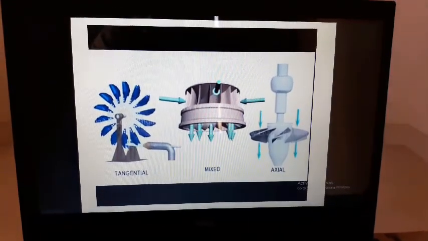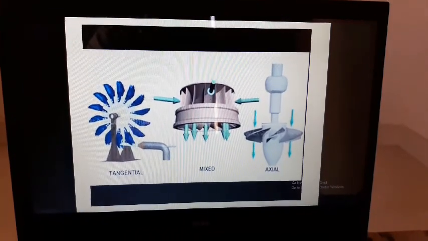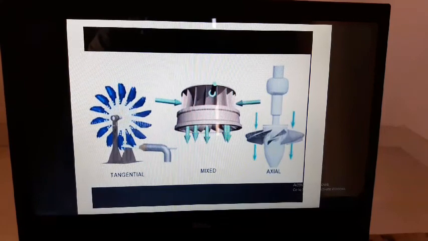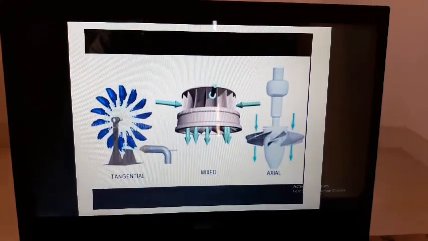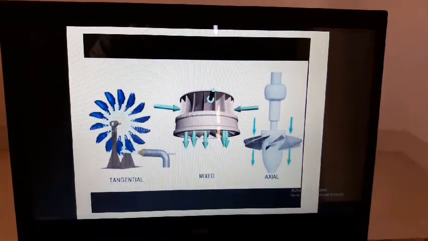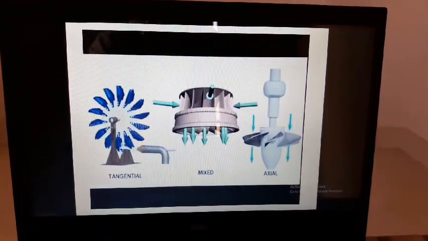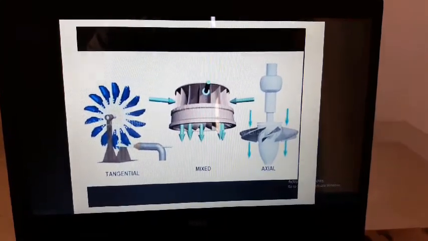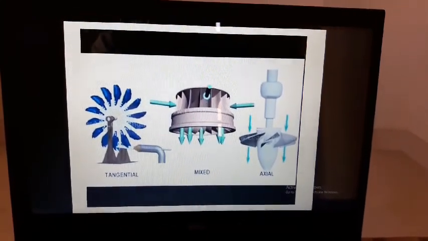This can be easily understood with the help of this diagram. The first diagram is of the tangential flow turbine. In this, the water from the nozzle strikes tangentially on the blades of the rotor.